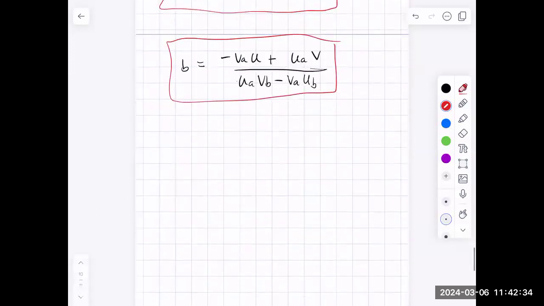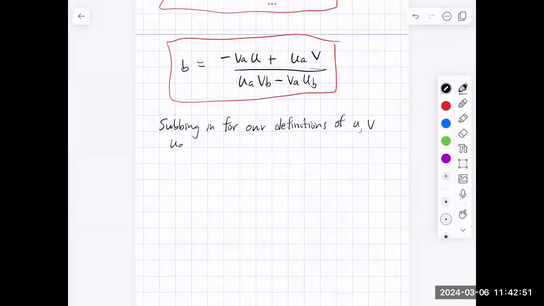Okay, so subbing in for our definitions of U, V, UA, VA, UB, VB, we get, okay, we'll start with A.